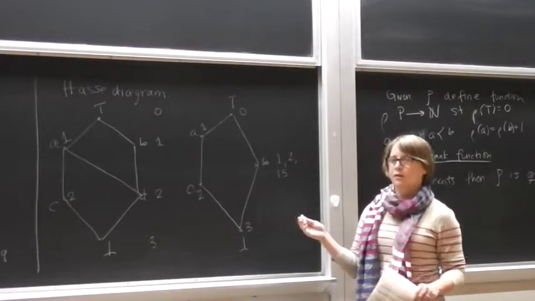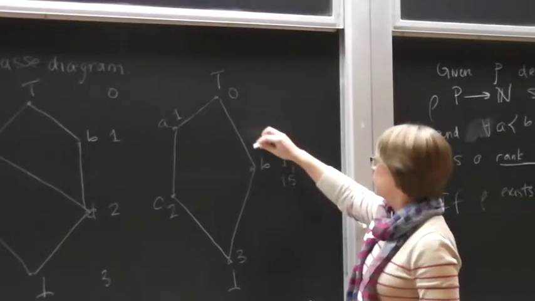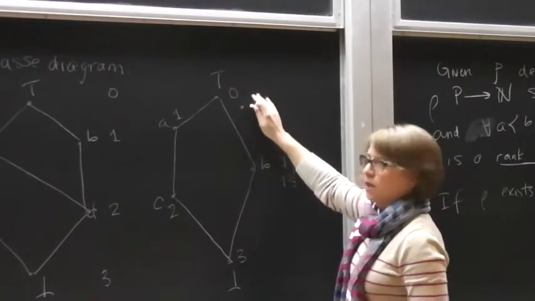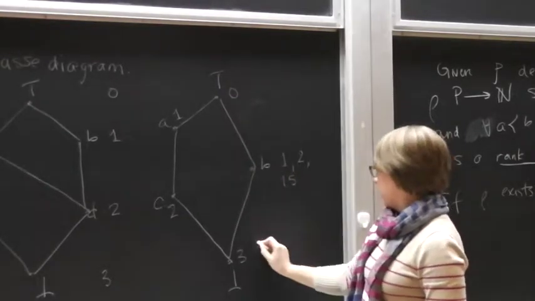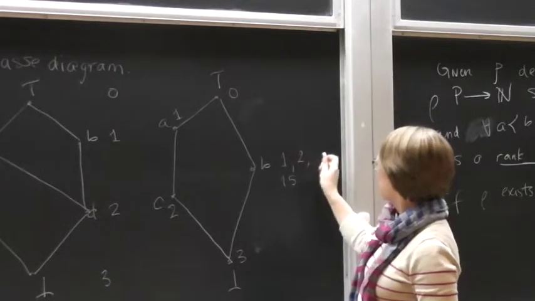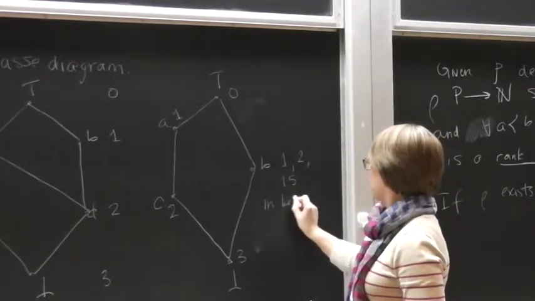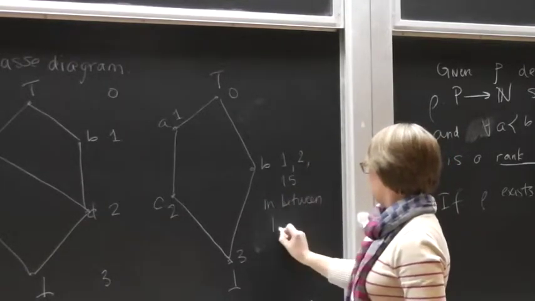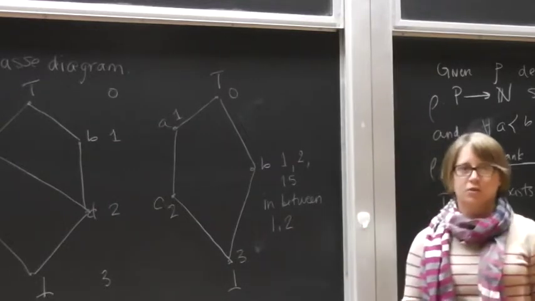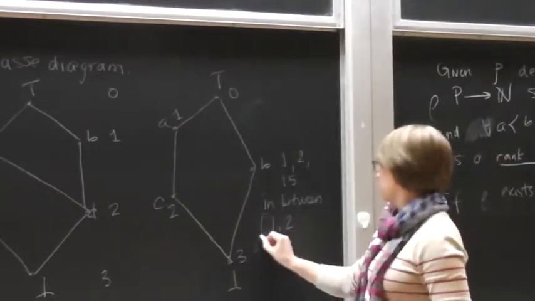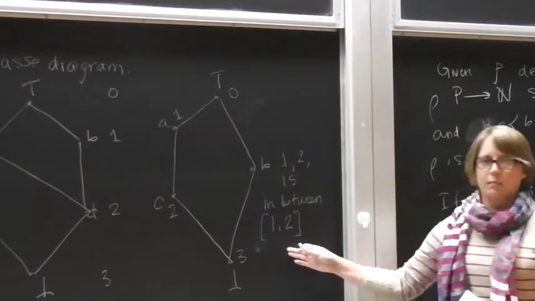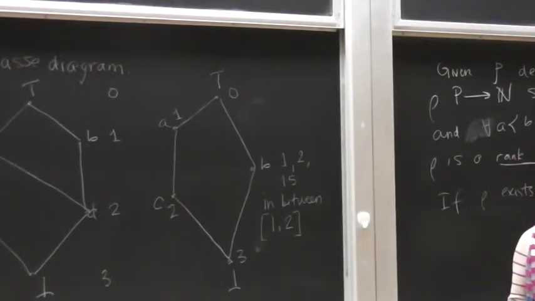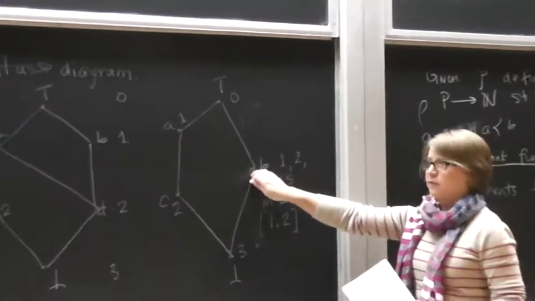It couldn't be less than 1, right? We don't want to put this guy way up here. We don't want to put it way down here. So we want to put it somewhere in between 1 and 2. So the natural thing to do then is to say, well, it could be anything in between. It could be the interval between 1 and 2. It could be the rank of this vertex.